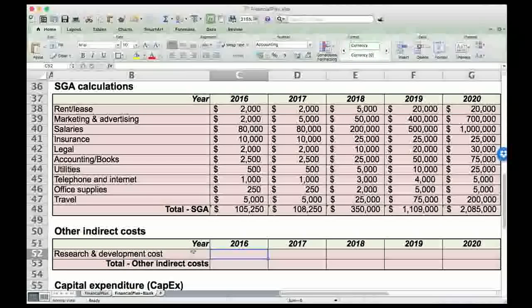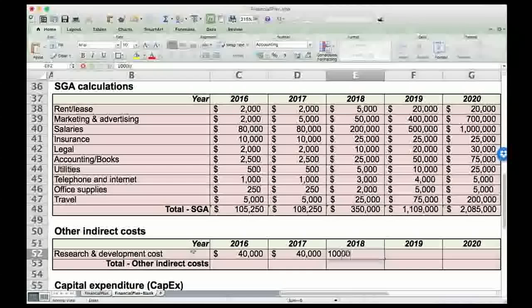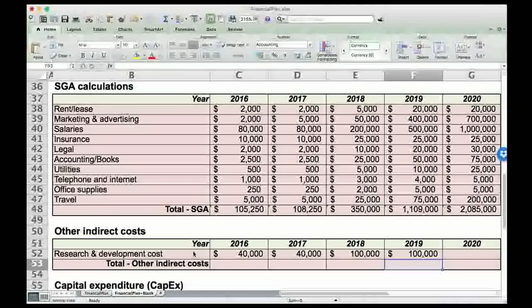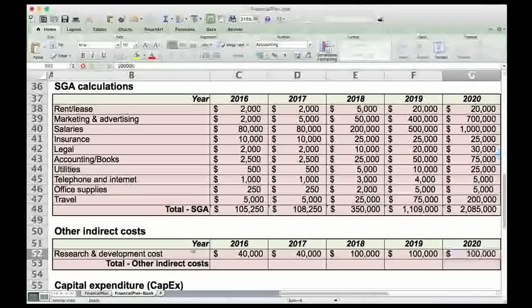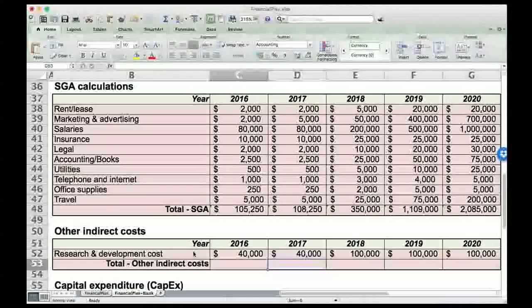So let's say the first year it is $40,000, and maybe this is the cost for the second year as well. For third year, let's put $100,000. Then maybe $100,000 for 2019 and $100,000 for 2020.